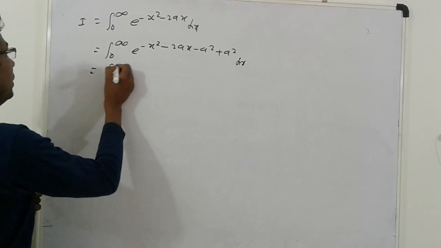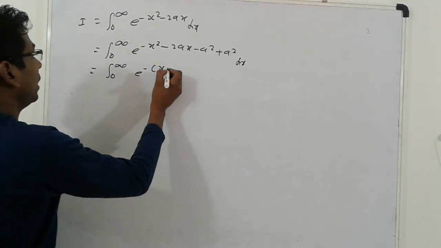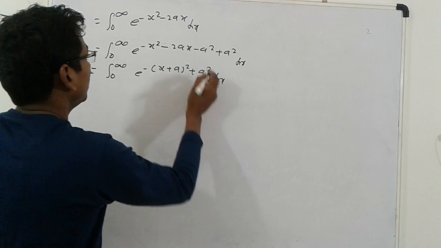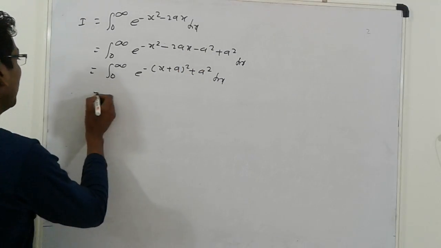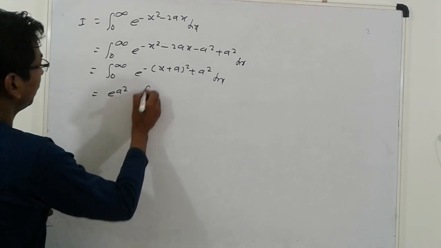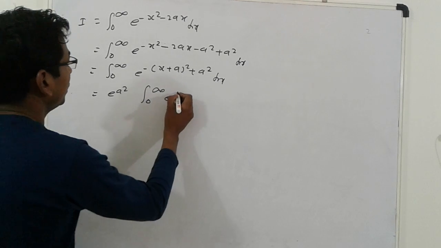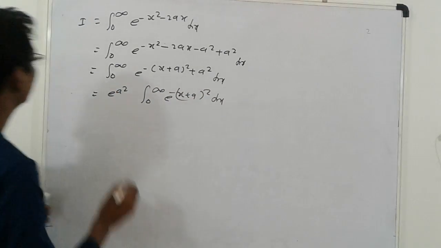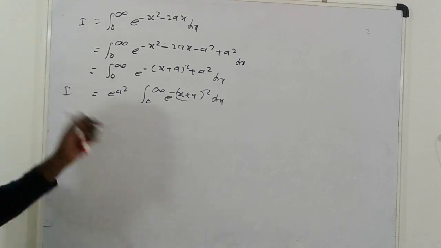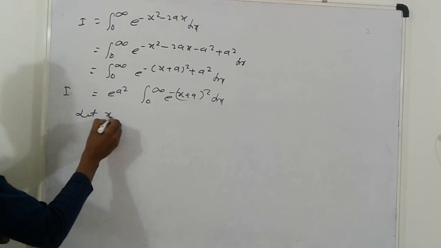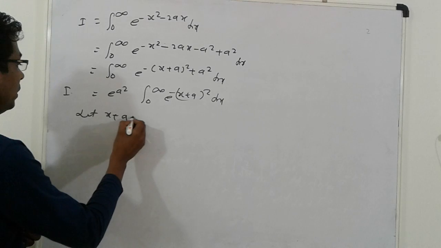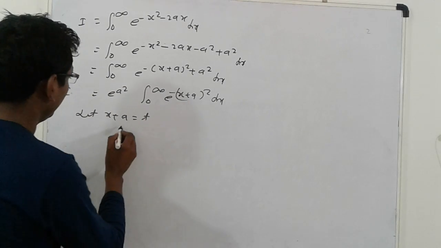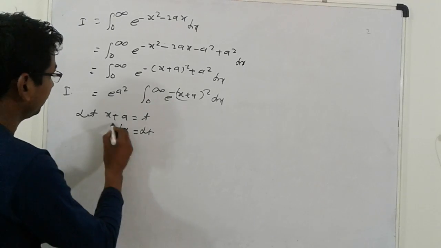So 0 to infinity e raised to minus x plus a whole square plus a square dx, that is combined, and e raised to a square is common. Next, integral 0 to infinity e raised to minus x plus a whole square dx, that is I. So let x plus a equal to t, and so dx is equal to dt.